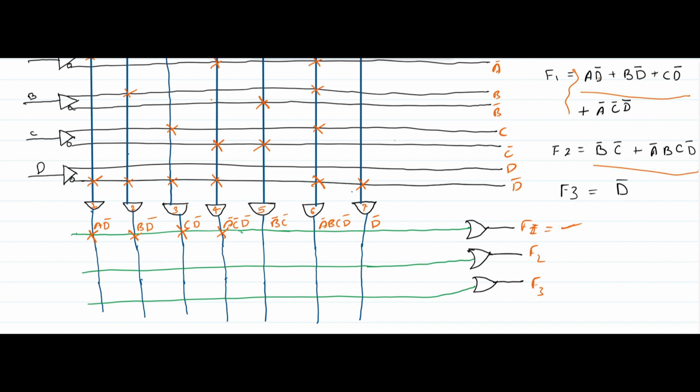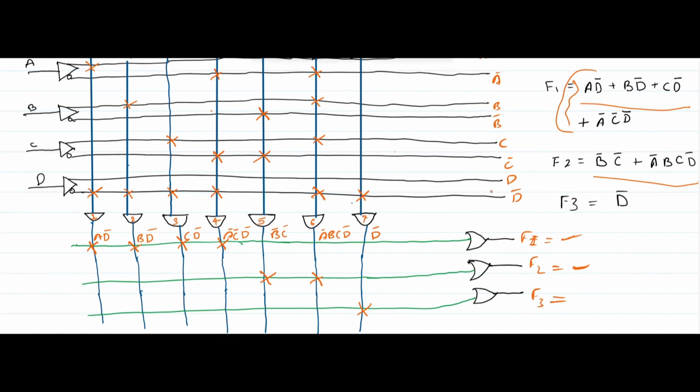For f2 it is b bar c bar plus a bar b c d bar, right? So this is b bar c bar, and a bar b c d bar. From here I will get f2. f3 is nothing but d bar, and from this I am getting d bar, right? So f3 will be d bar.